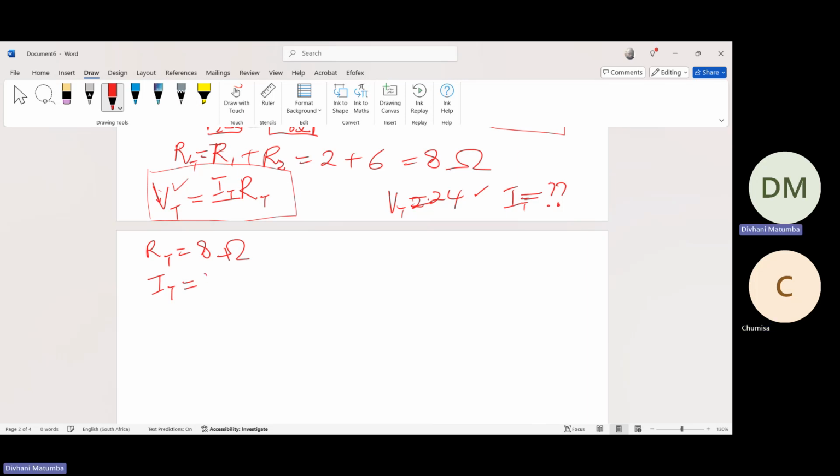Yes, sir. I total is equal to V total divided by R total. Perfect. Which will be 24 divided by 8. Okay, what is the unit of I, the current?